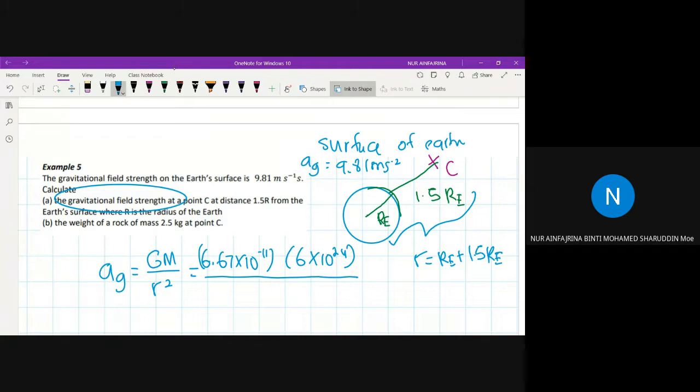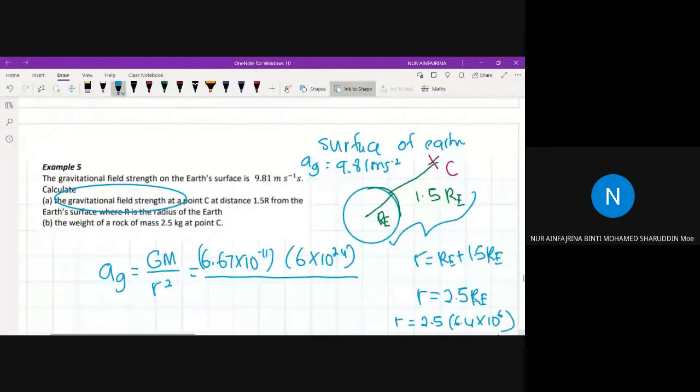Before that, kita cari dulu distance dia. Radius of Earth tambah dengan 1.5 radius of Earth, awak akan dapat 2.5 radius of Earth. And we know radius of Earth is 6.4 times 10 to the power of 6.